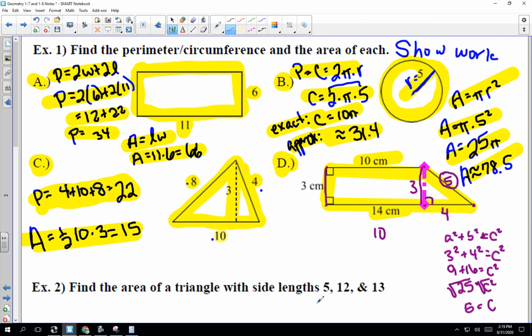Okay, so circumference, here we go. Our perimeter. I'm going to erase 10 right here.